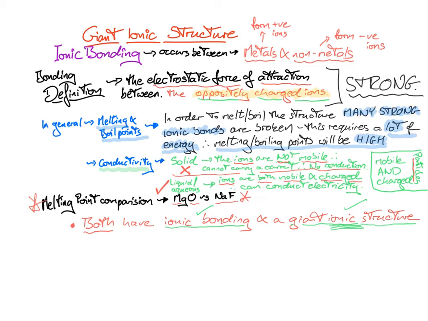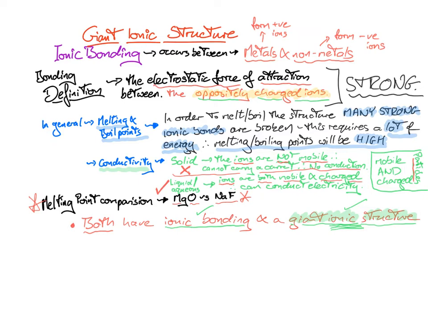If I was comparing something that was giant ionic, like say magnesium oxide, and something that was simple covalent, such as water, I would then just write out why any giant ionic structure had a high melting point, and why any simple molecular or simple covalent compound had a low melting point, which is explained in your notes and in another video. Here, however, we are looking at two things that are both giant ionic structures. So, wherein lies the difference?